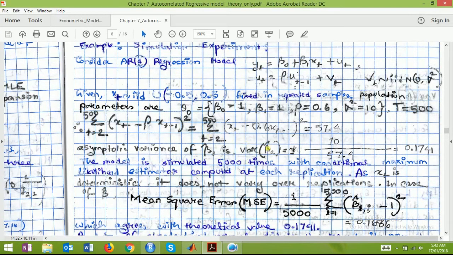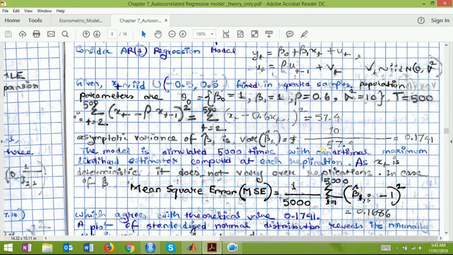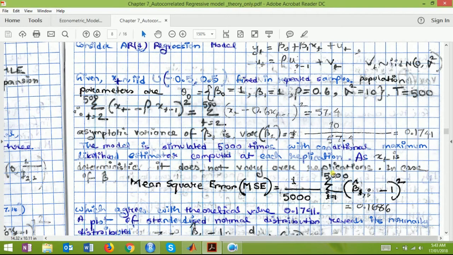This was the parameter. The asymptotic variance of beta 1 hat is sigma square divided by x minus rho xt minus 1 whole square, 57.4. So this was the asymptotic variance. The model is simulated 5000 times with conditional maximum likelihood estimator computed at each replication. xt is deterministic and it does not vary over replications.